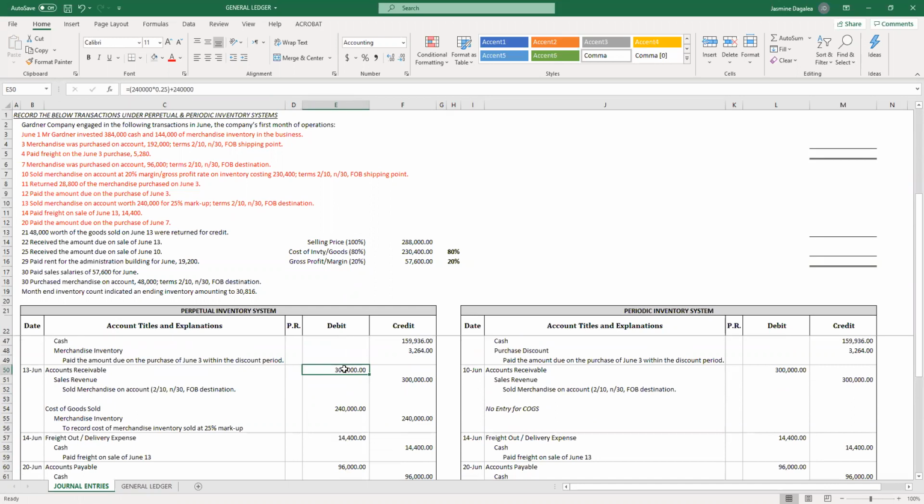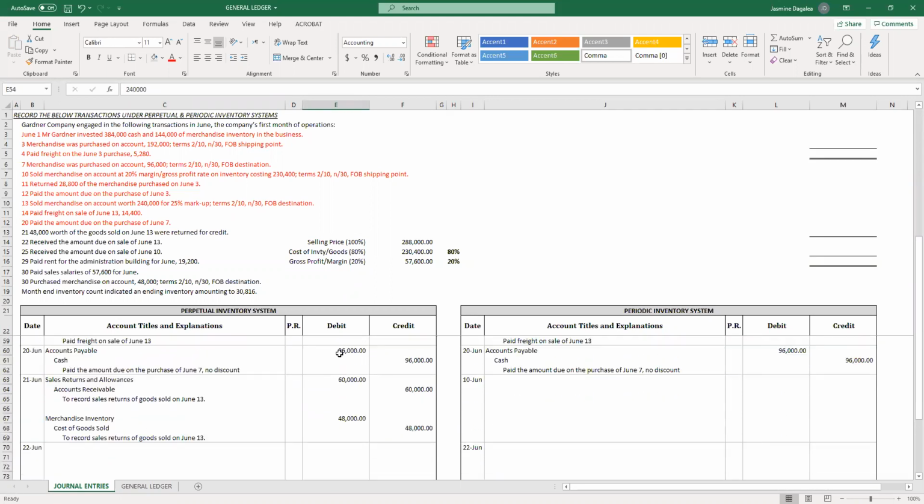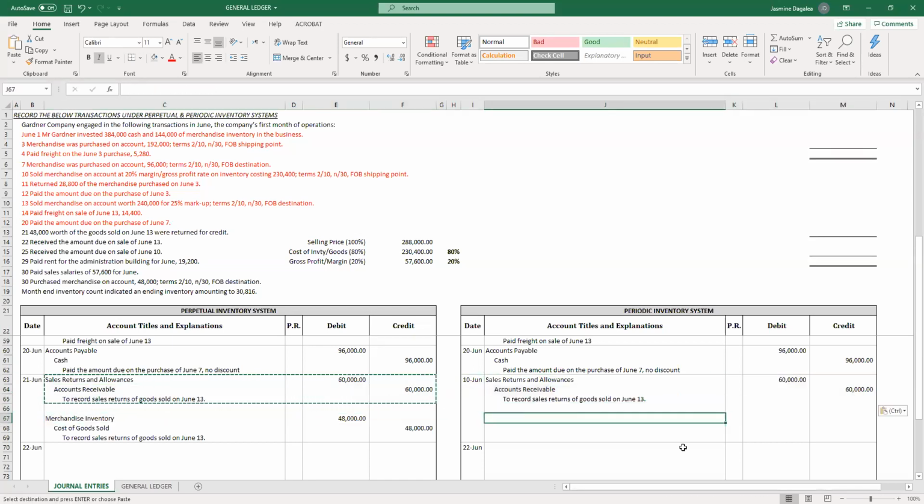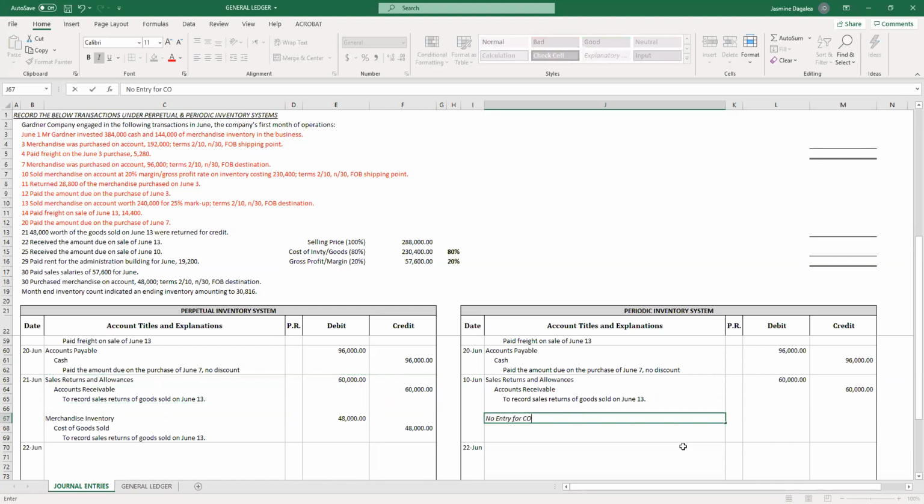Accounts receivable, 300,000. Cost of goods sold, 240,000. And then, babawasan nyo yung return kasi ni-reverse nyo. Under naman sa periodic, ano yung entry nyo? Same lang, except no entry for COGS.